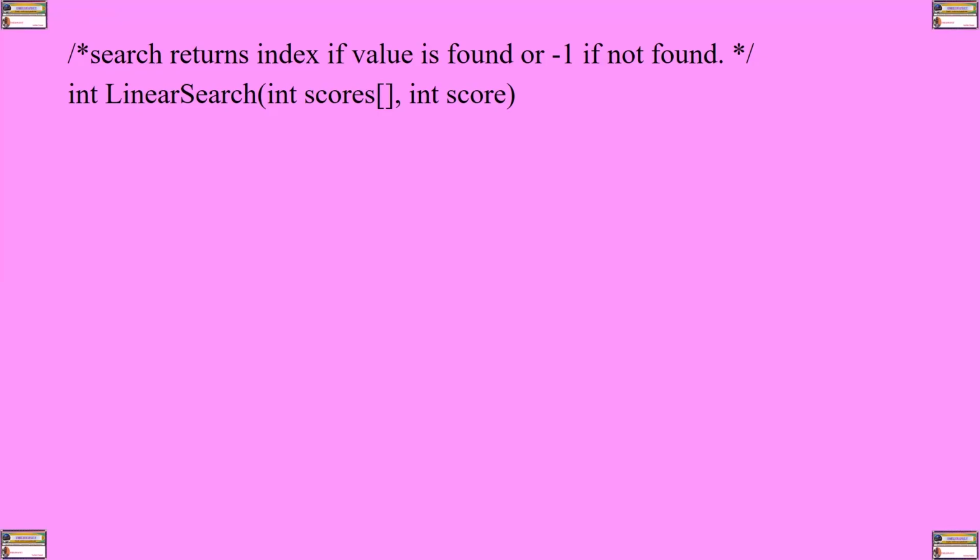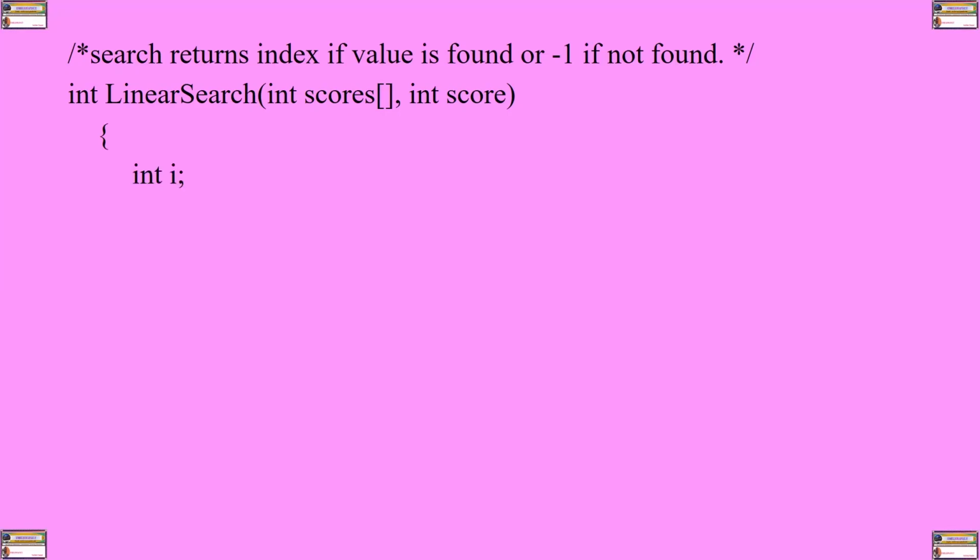The memory location for the array will be brought and received by the first parameter in the parentheses, that is int scores, and it's an array. And then the other value, the score, will be held in the placeholder score of type integer. From there, the process will be taken into the body of the function.